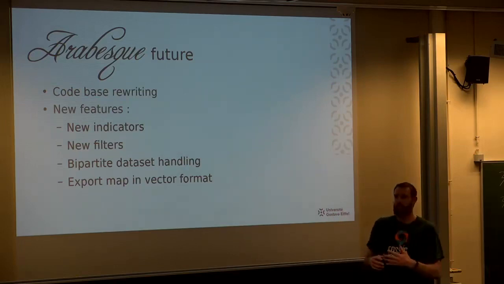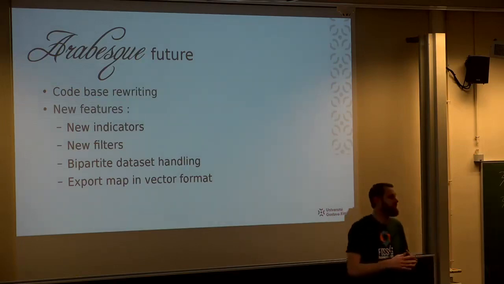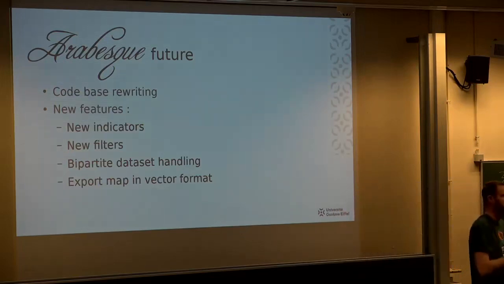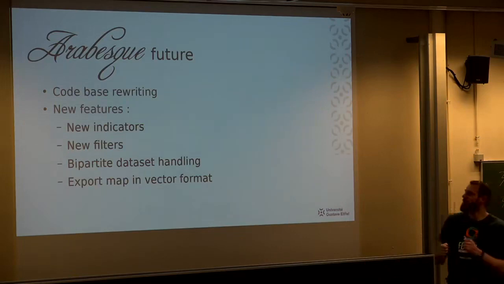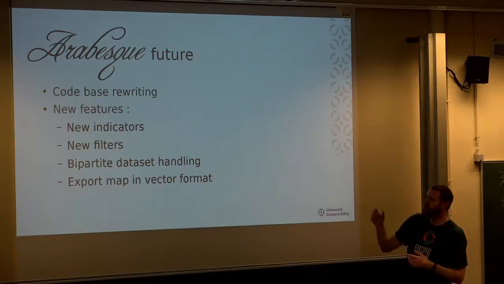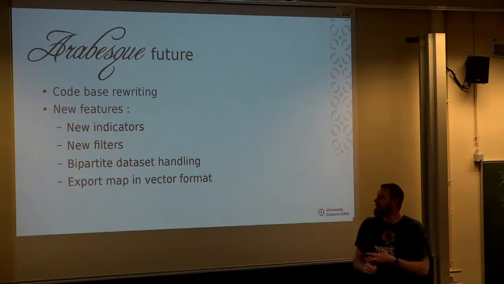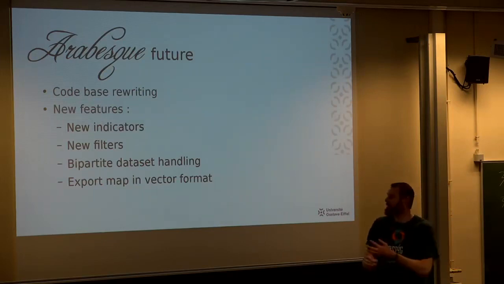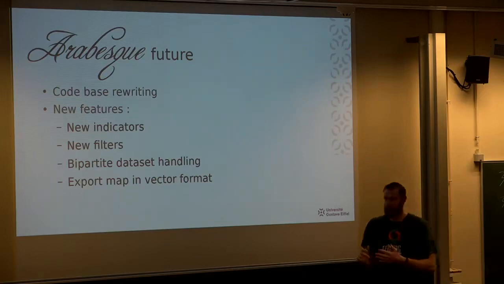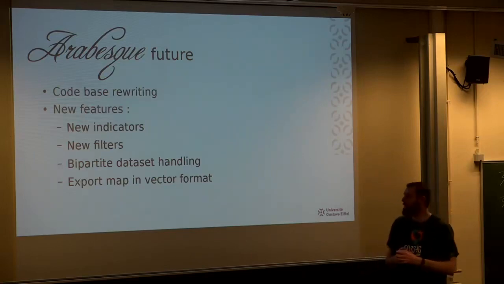But before adding new things, more stuff, we want to make it stronger and make maintenance easier. So we need to rewrite the code base a little bit. And after that, we will provide new features like new indicators, new filters, and try to work with bipartite datasets, which is not possible for now.